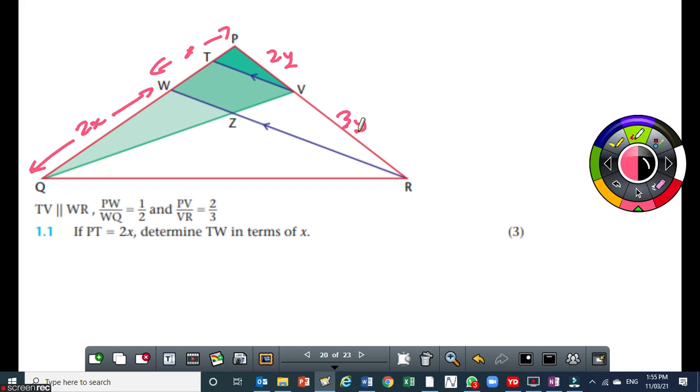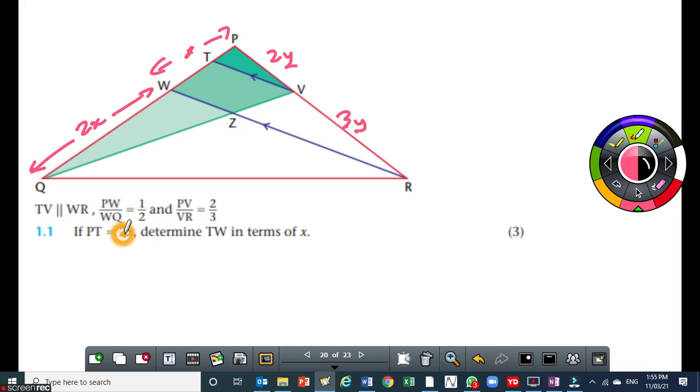So we've got 2x there, we've got x. On the other side, I've got 2y, 3y. Now, the reason why I'm using two different constants is because we are dealing with two different sides of a triangle. Then question 1.1 says if PT is equal to 2x. Now this is a game changer.